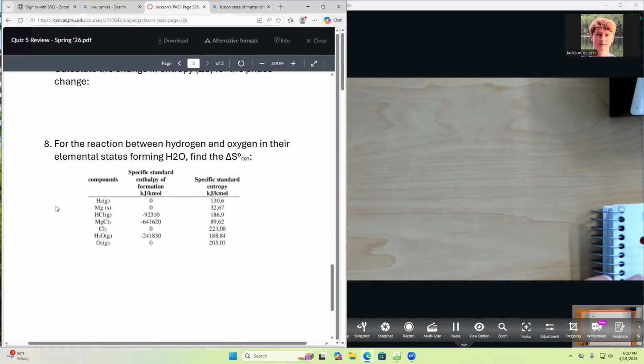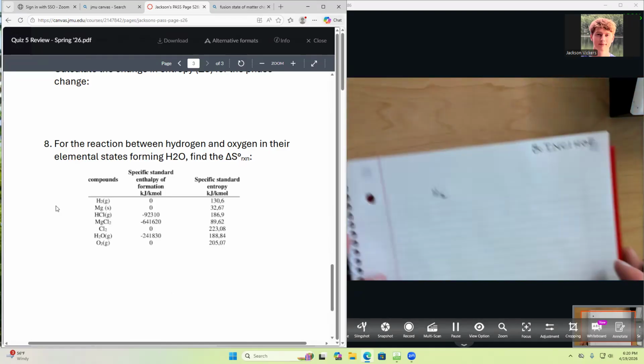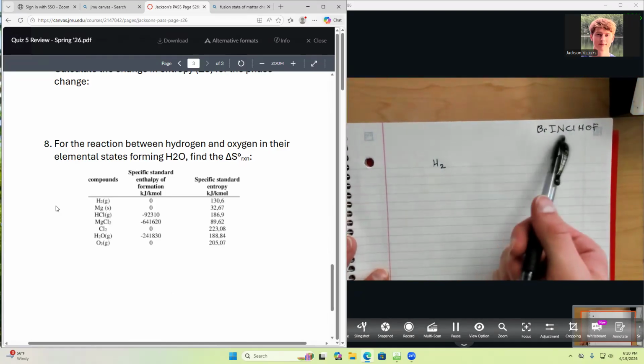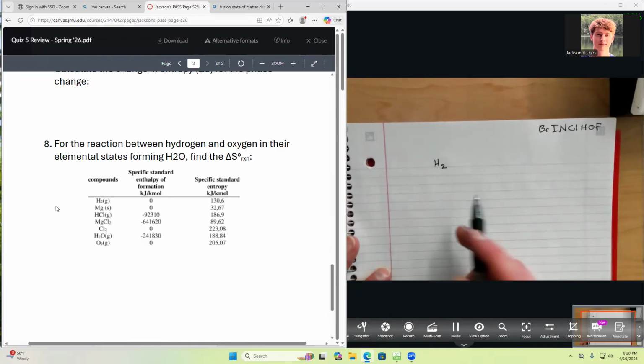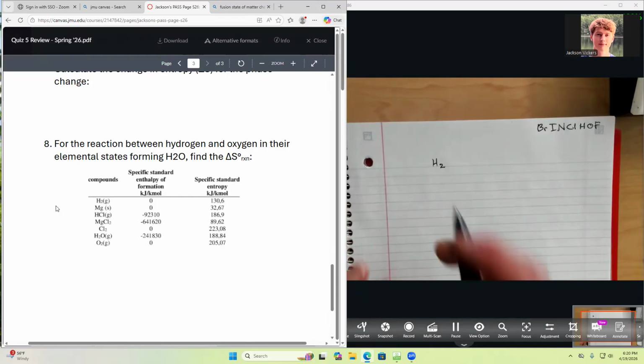Do you guys remember the diatomic elements from 131? Dr. Brinkelhoff's mnemonic. And this is the products. Yeah, so H and O, both in their elemental states, are diatomic.